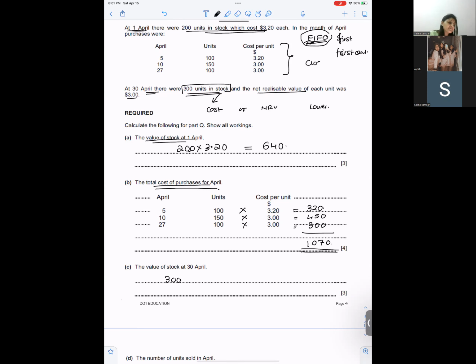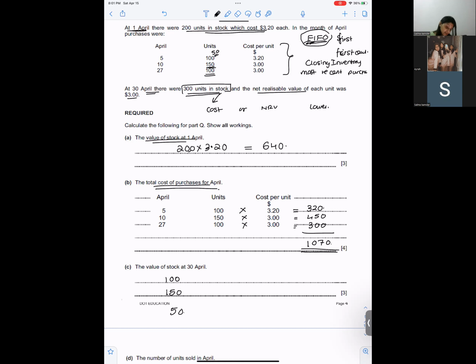So your closing inventory will be out of the most recent purchases. How many units of closing inventory do you have? 300. So out of your most recent purchases, the last purchase is 100, then 150, and then you take 50 out of that.